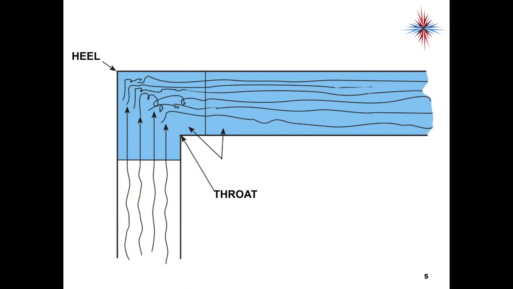My air is coming in at a pretty high pressure. Because of the air hitting that heel of the elbow, we're going to have an area of low pressure at the throat. Air is still going to go around, but I'm going to have a pressure drop at the inside corner as it leaves that elbow.